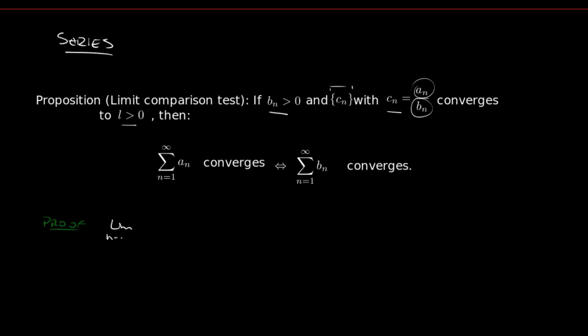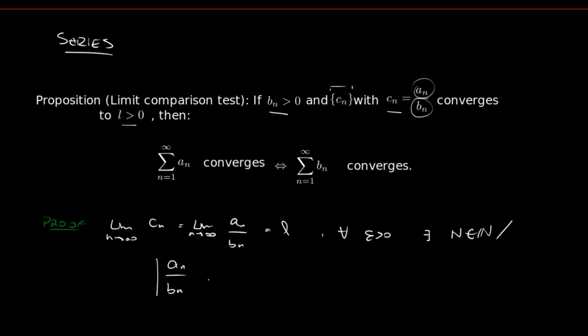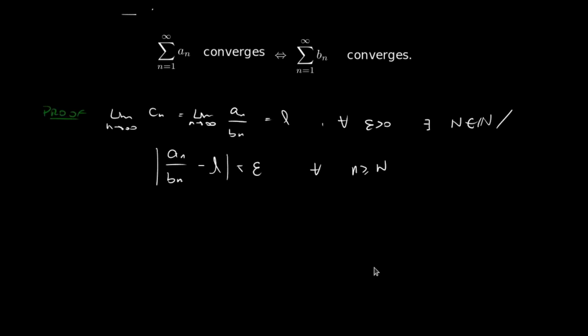We have that the limit when n tends to infinity of c sub n, this is the limit of a sub n divided by b sub n, equals L. Using the definition of limit of a sequence, which if you don't remember you can check out previous videos, we know that for every epsilon greater than 0 there exists a natural number N such that |a sub n divided by b sub n minus L| is smaller than epsilon, for every natural number n greater than N. Using the definition of absolute value, minus epsilon is smaller than a sub n over b sub n minus L, which is smaller than epsilon.